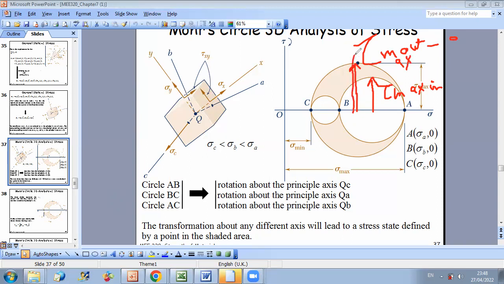So this is the maximum possible shear stress I can obtain if I do any rotation in any direction. While tau max in plane is the maximum shear stress obtained if I rotate about an axis perpendicular to the plane formed by axes A and B. So this is the difference between maximum in-plane stress and maximum out-of-plane stress. Okay.